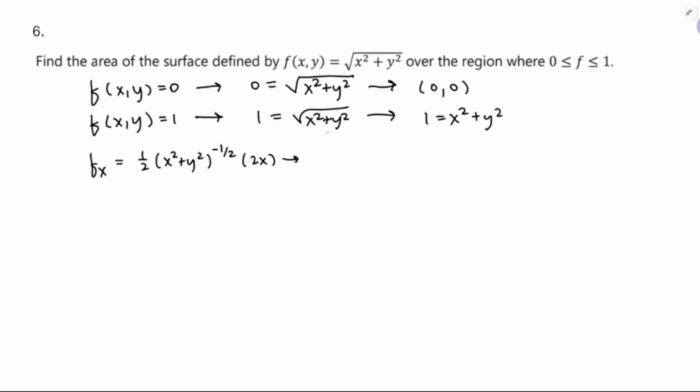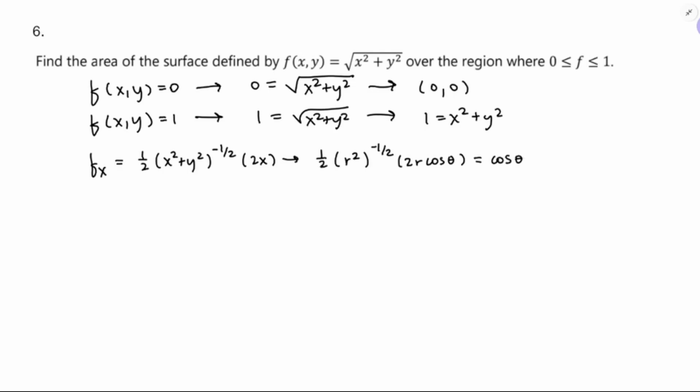So really this is 1/2. The thing inside the parentheses is equivalent to r squared to the negative 1/2. We can figure that out. Times 2r cosine theta. Okay, so that just means r to the negative 1. Oh, and that's going to cancel off, and so is the 1/2 and the 2.